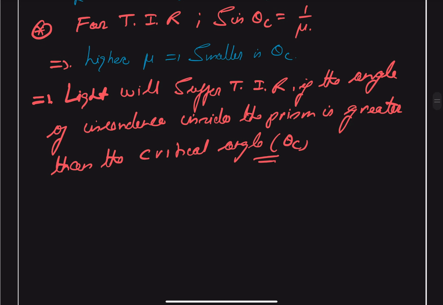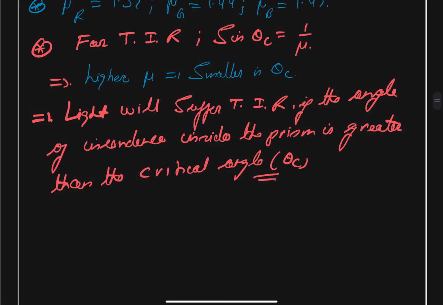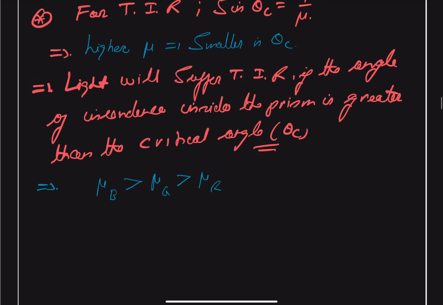So from the refractive indexes that are given, if you make a comparison between them, we can say that the refractive index of blue is greater than that of green, which is greater than that of red. So based on this sequence, the critical angle for blue will be less than the critical angle for green, which will be further less than the critical angle for red.